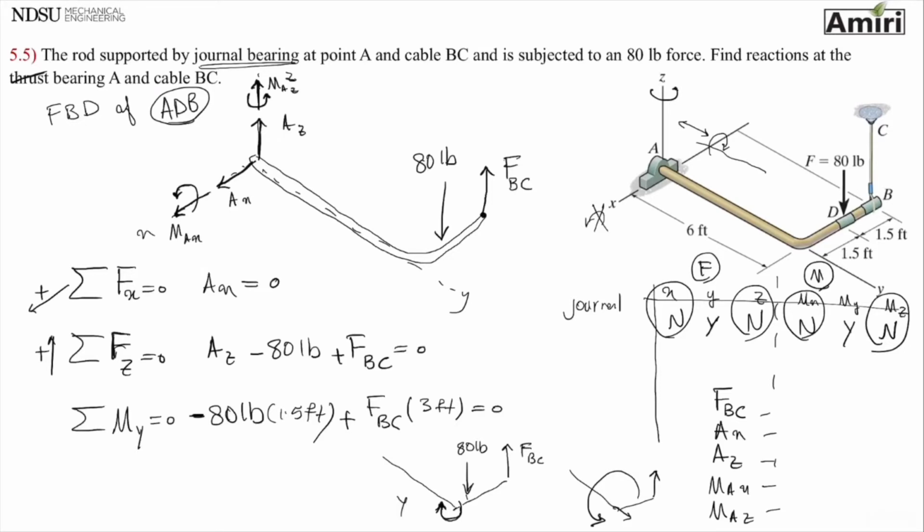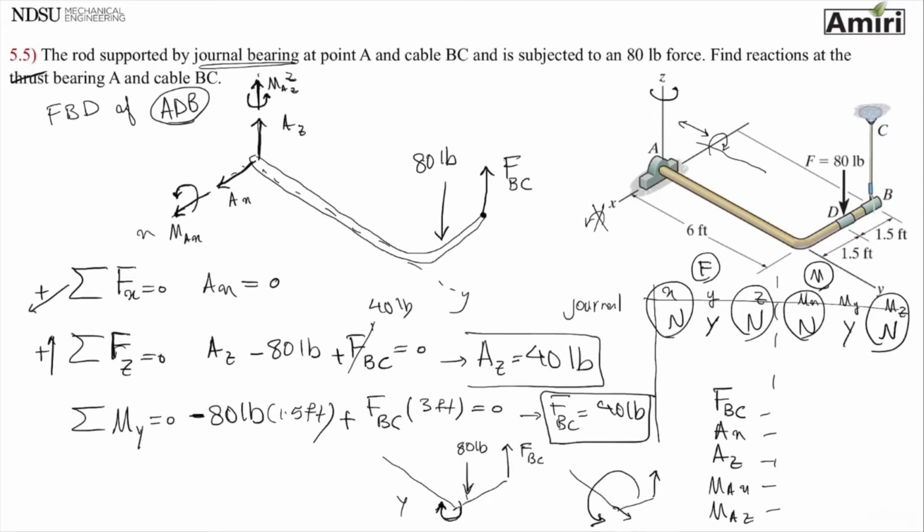So from here I get FBC of 40 pounds, and if I put it back up here, that will give me A sub Z of also 40 pounds. Okay, so those are my three forces.